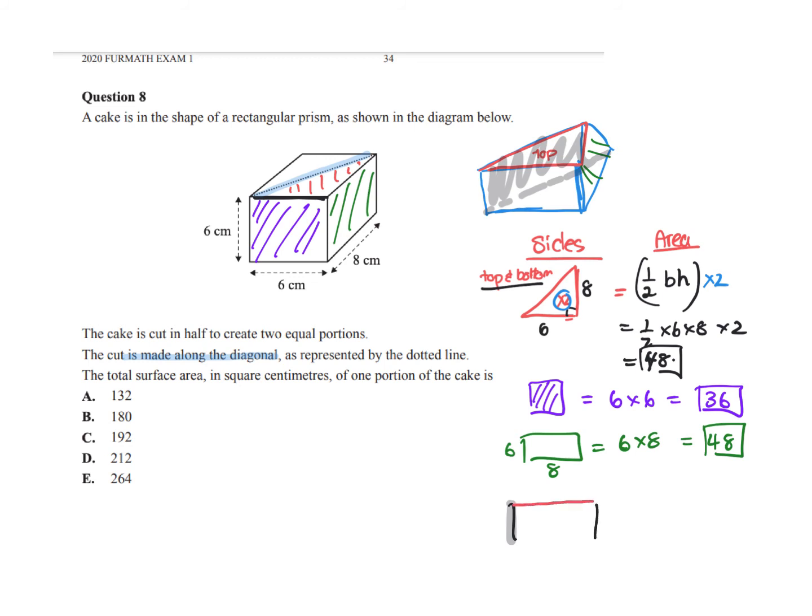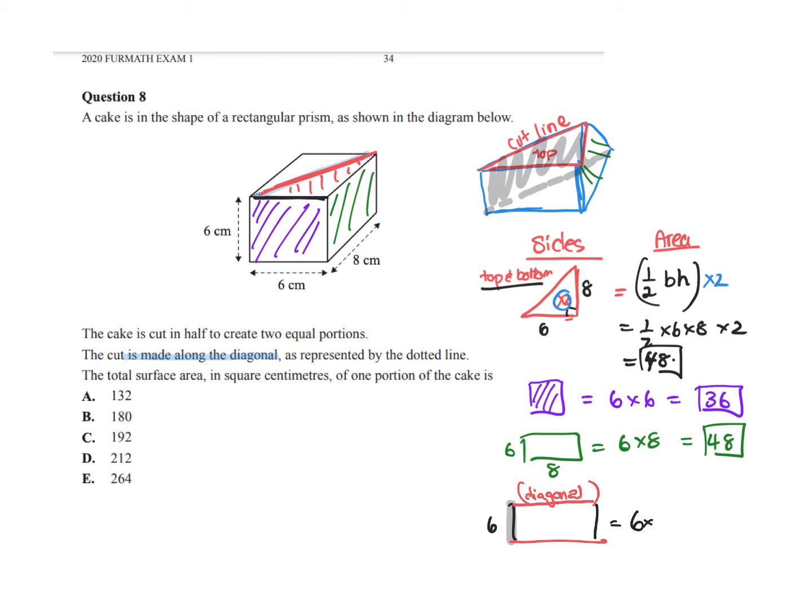It's got a cut. This is the cut line. So along here, the cut line, that bit there. So that is, I'll just call it the diagonal. And we know that this is 6. So really to get the area of this one, I need 6 times that diagonal. Yeah? So we need to work out that diagonal.